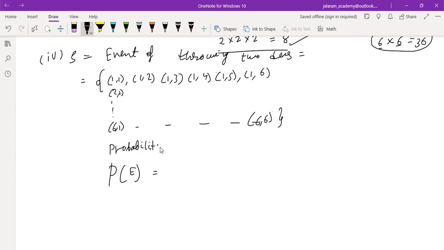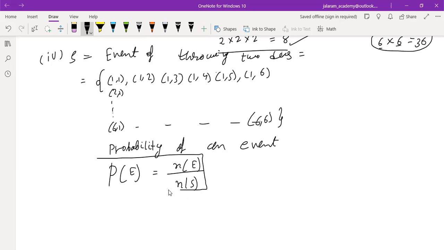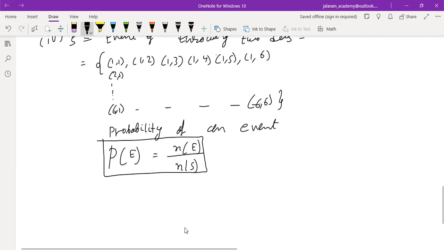According to the axiomatic approach, probability of an event E is denoted by P, and it will be equal to the number of elements in E, we know that this is the cardinal number of a set, upon the number of elements in S. Okay. By this method, we can easily find the probability. Probability of E equals the number of elements in E upon the number of elements in S.